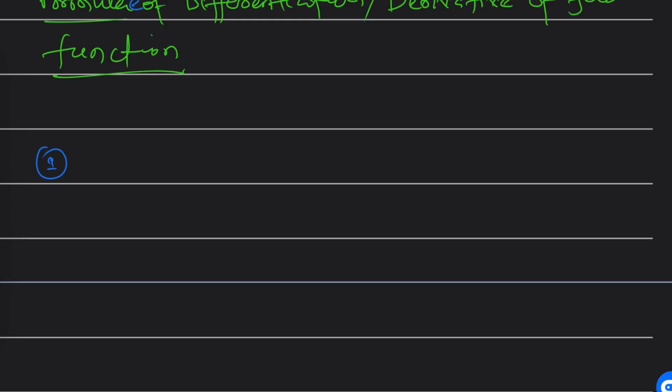First is differentiation of x power n with respect to x. If you have a function x power n and you are differentiating that with respect to x, I'm making it into smaller pieces of x power n. So it will look like n x power n minus 1. How we are getting this, you should not ask.